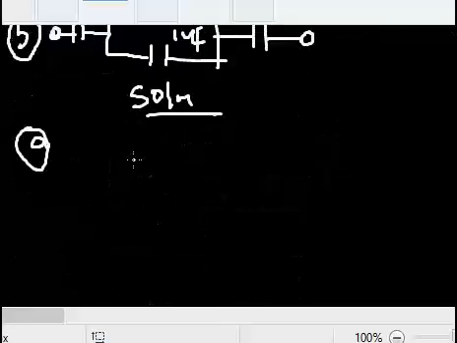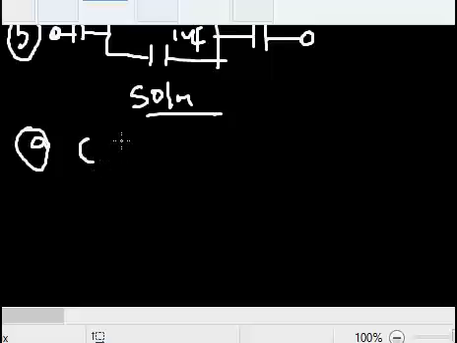So first of all, you have to resolve this series: 2 microfarad, 2 microfarad, 2 microfarad. Once you resolve it, you will have a single capacitor up here and a single capacitor down here, which of course are in parallel. So now I want to resolve the two. Let me call that C1 as my first resolution.